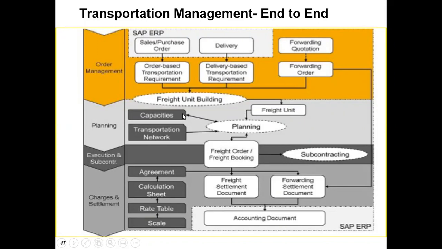So we have some unidirectional processes and some bidirectional processes. Out of three, one is the bidirectional process: capacities of the vehicles, capacities of the means of transport.